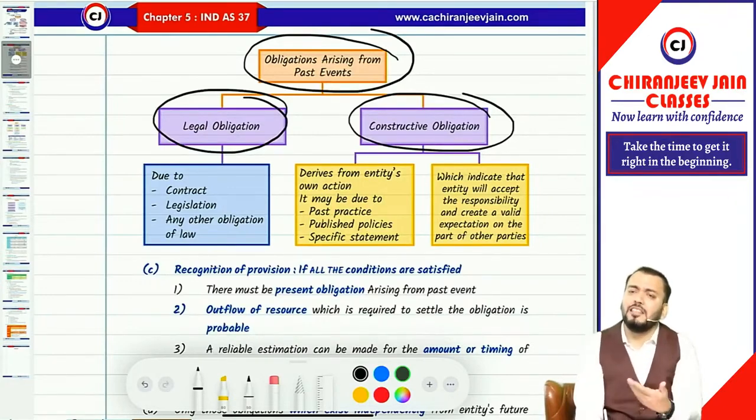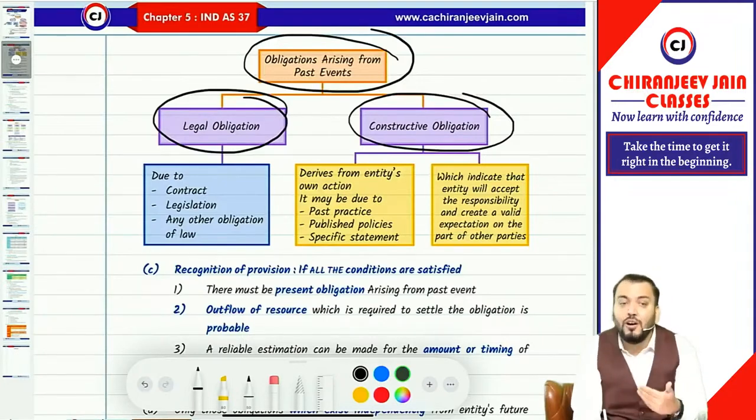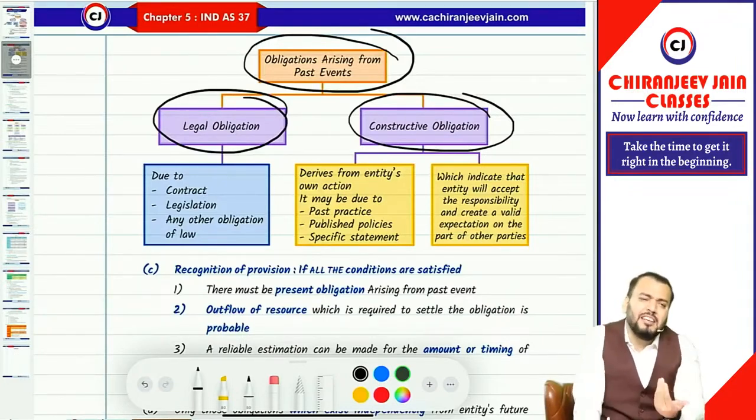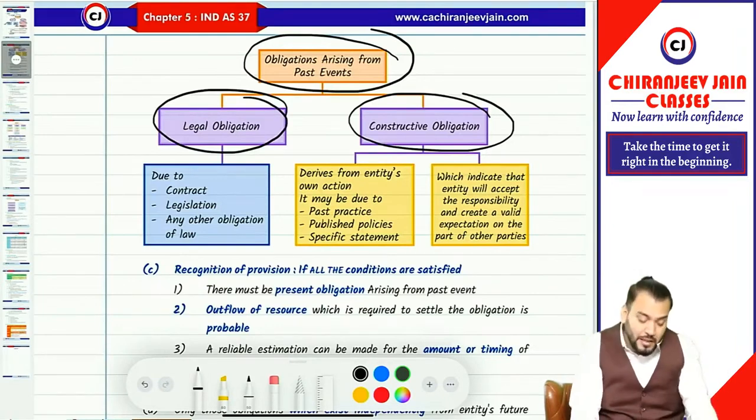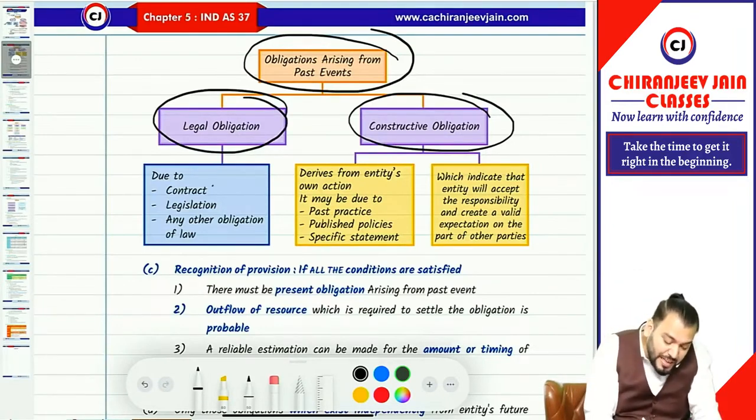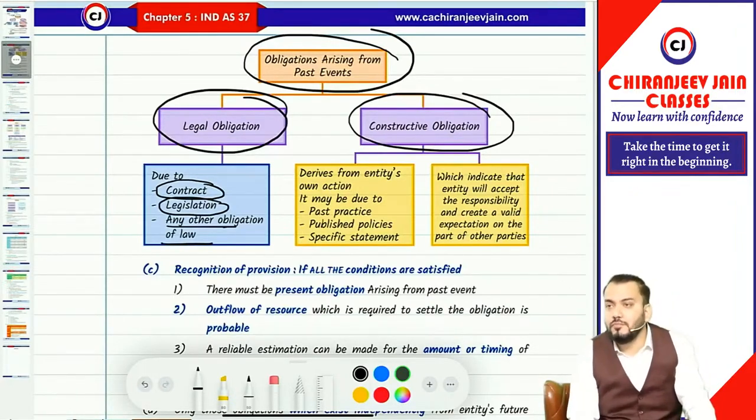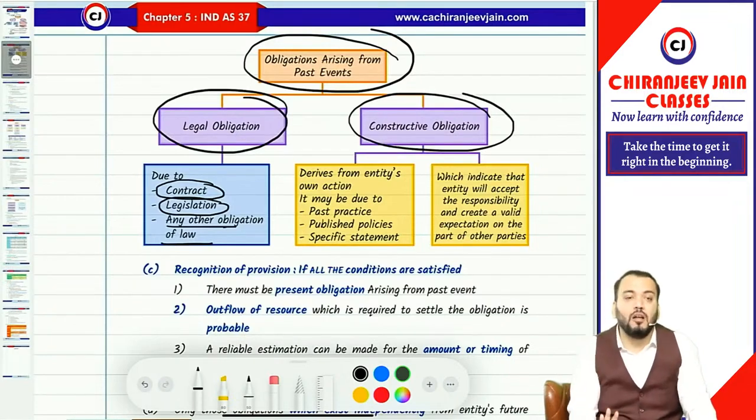What is legal obligation? Legal obligation means any obligation which arises due to some contract or any act or other legislation. Any obligation which arises due to contract or legislation or any other operation of law becomes a legal obligation.